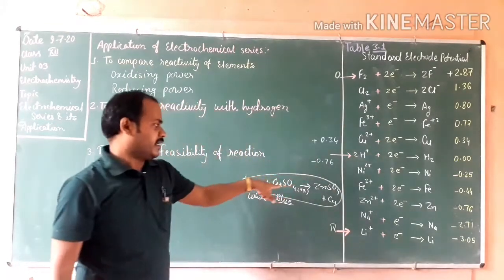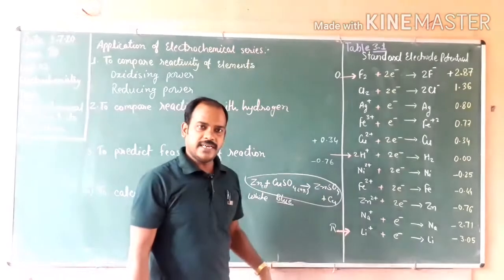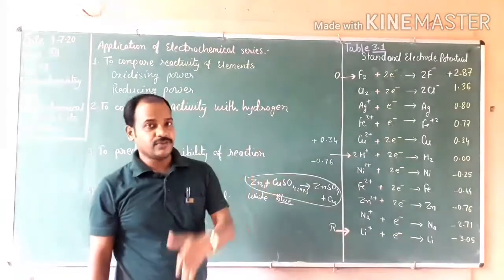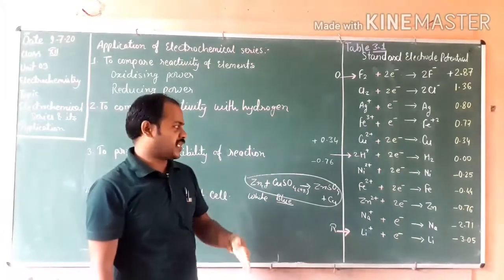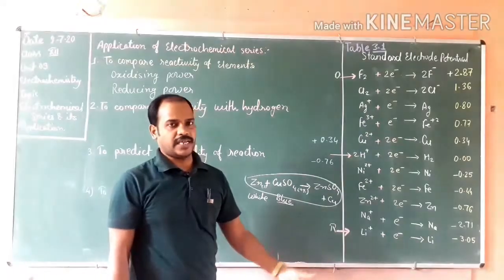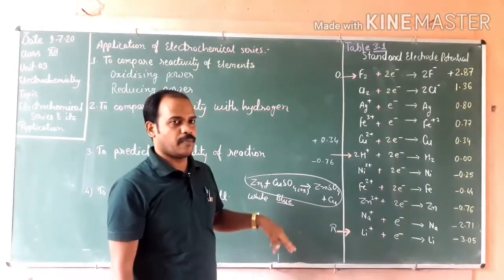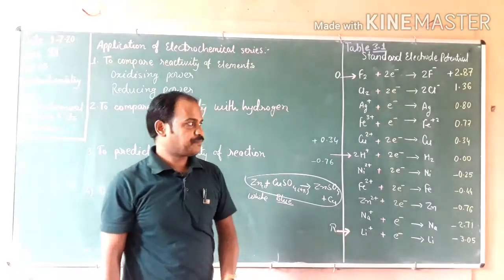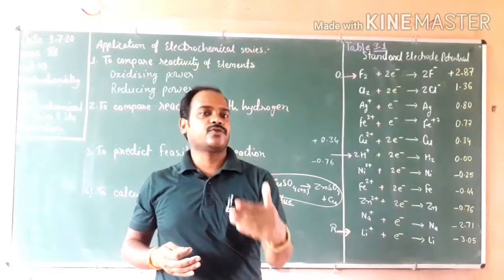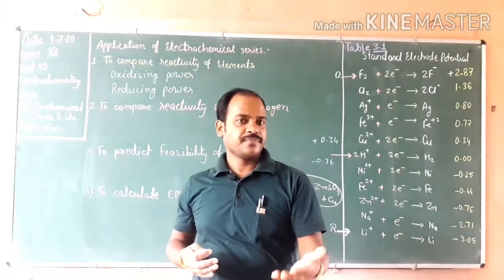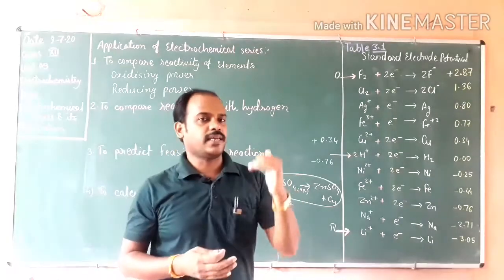So from this reaction we can conclude that the elements which have negative electrode potentials are more reactive than the elements which have positive electrode potential. And not only negative and positive, that was the concept for zinc and copper. The ultimate concept is that the elements which have smaller electrode potential are more reactive than the elements which have greater electrode potential.